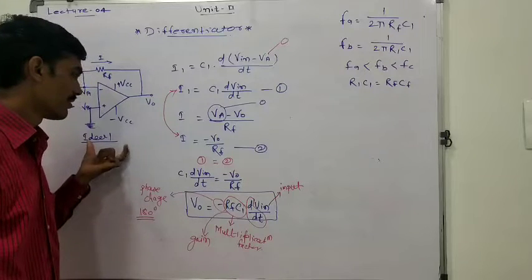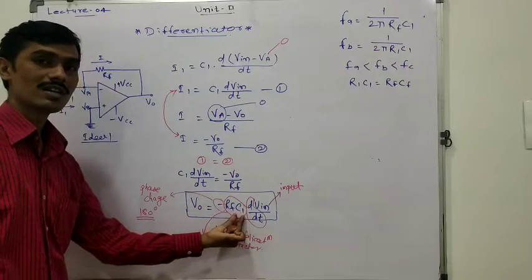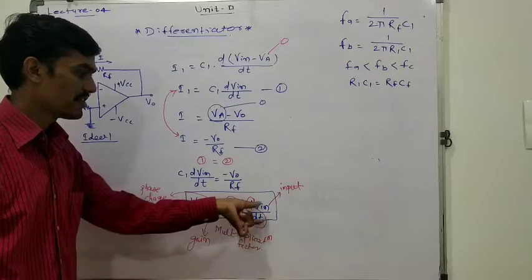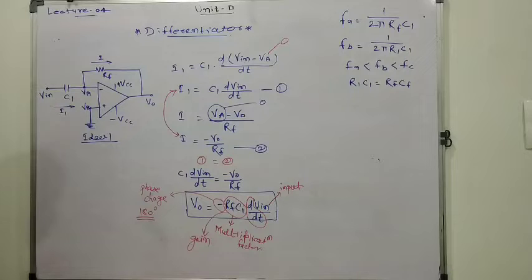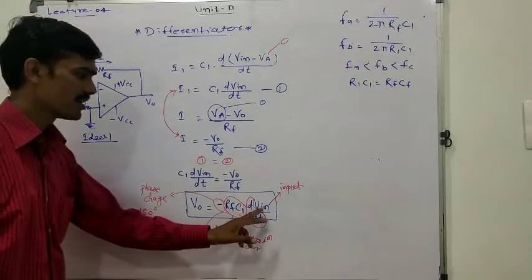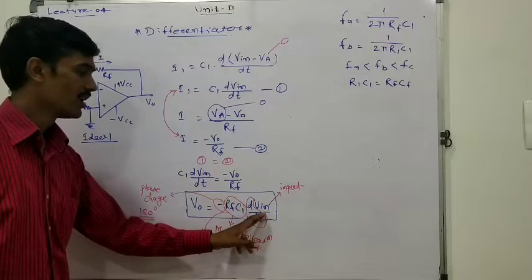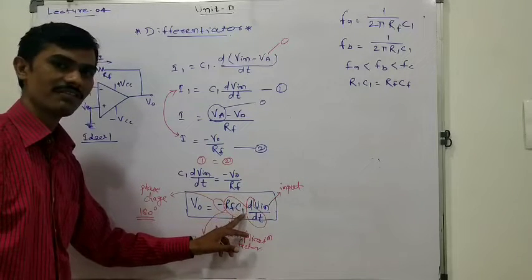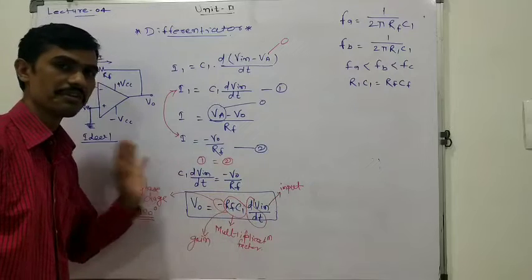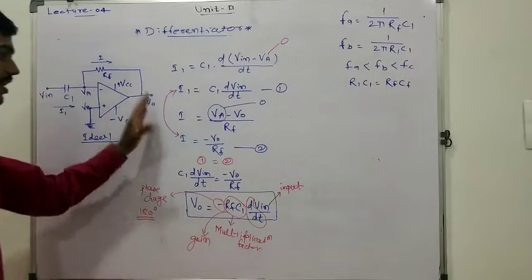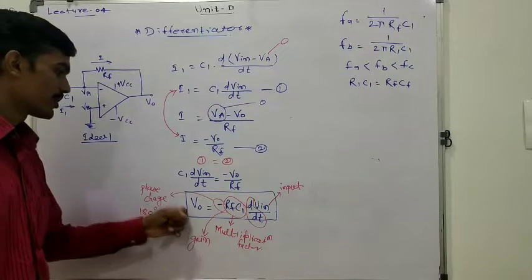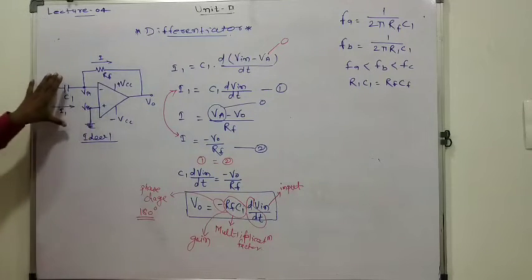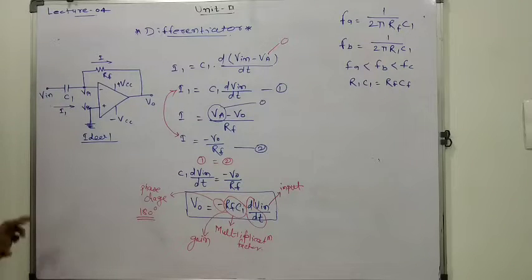Differentiator is nothing but the circuit which differentiates the input signal with gain of RF C1 with 180 phase shift. So this is the generalized formula for output voltage of the ideal differentiator circuit.